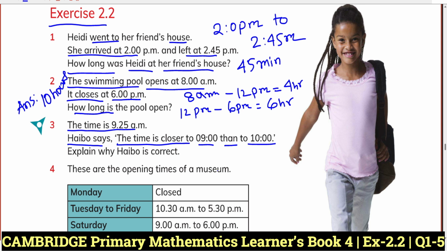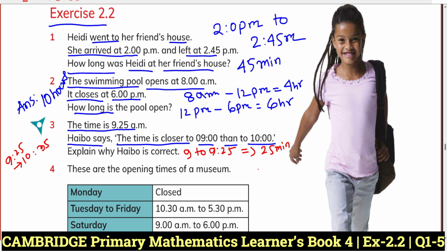The difference from 9 to 9:25 is 25 minutes, but from 9:25 to 10 the difference is 35 minutes.